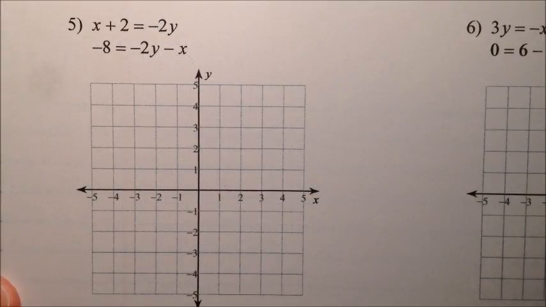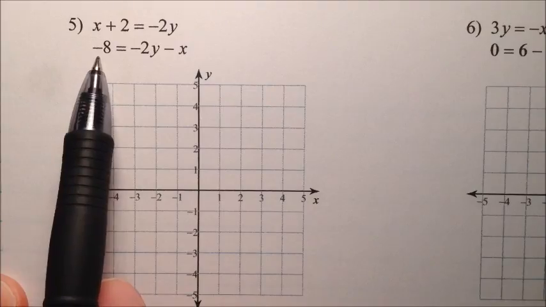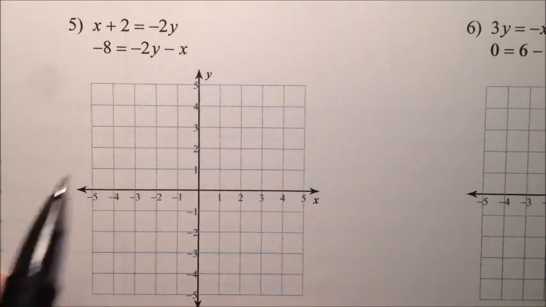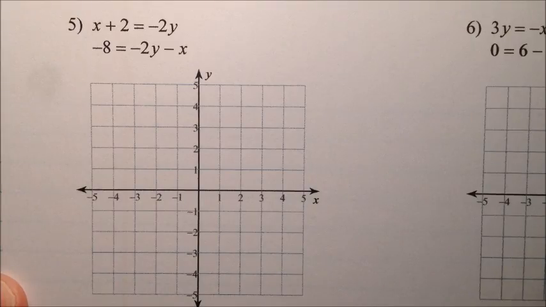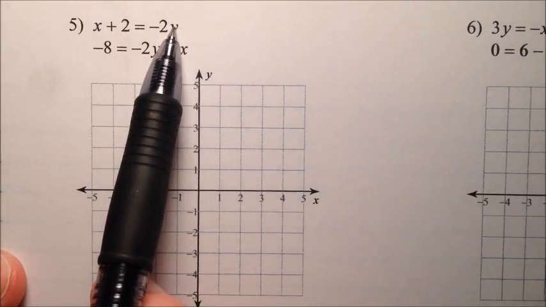In number 5, I have a couple of equations here. x plus 2 equals negative 2y, and then negative 8 equals negative 2y minus x. Notice neither of these equations is in y equals mx plus b form, so I'll need to do that so I can graph them. Okay, so it looks like this one's almost there. We have the y almost by itself.